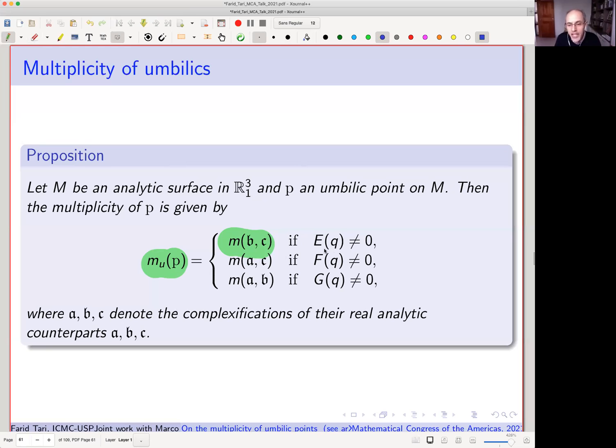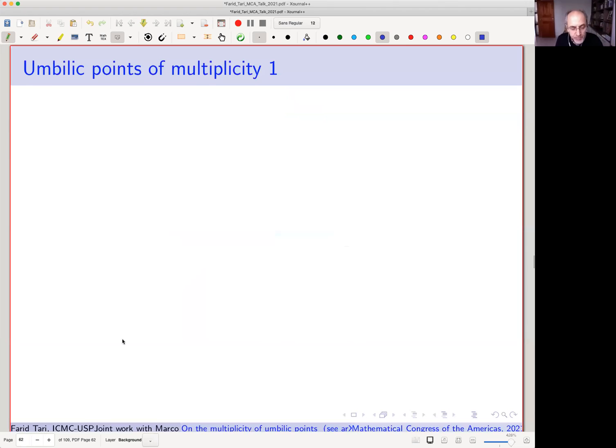But the umbilic points, when E is different from 0, are given by the zeros of these equations. So the number it can split into is exactly the multiplicity of this ideal. And similarly for F and G. Here B and C denote the complexification of the real analytic counterparts, because we take analytic functions so I can complexify the coefficients of the equation, okay?